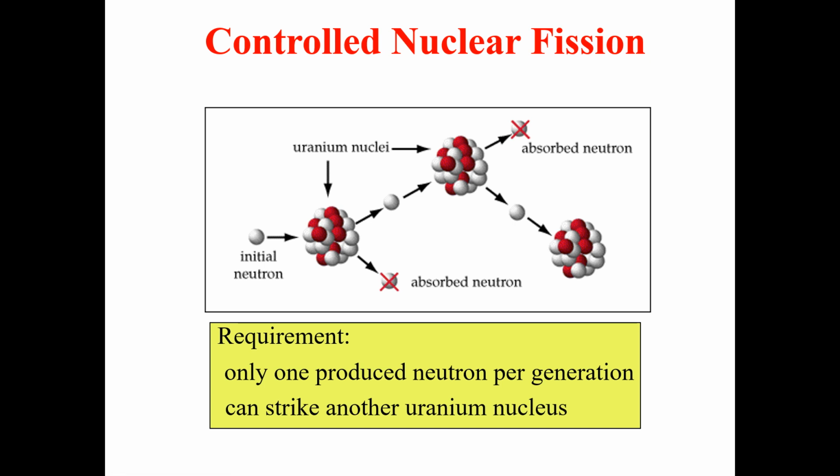So what do we mean when we talk about controlled nuclear fission? You can easily get the idea by having a look at the figure. In the figure you can see that we initiate a fission by neutron bombardment.